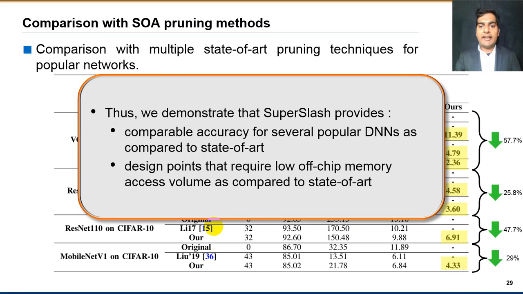Thus, we demonstrate that SuperSlash provides comparable accuracy for several popular DNNs as compared to the state of the art, and our technique provides design points that require low off-chip memory access volume, thus demonstrating the robustness of the methodology.